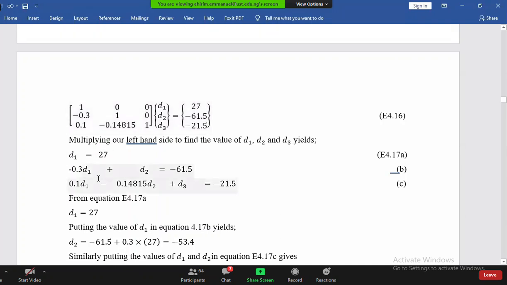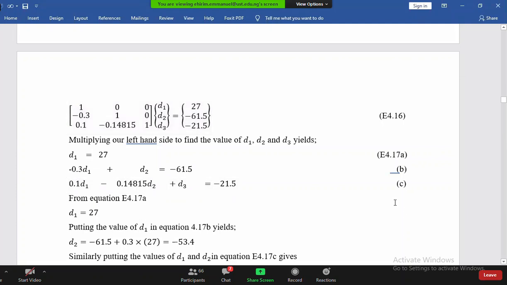Then the next equation is minus 0.3 times D1 plus 1 times D2 plus 0 times D3, which will give us minus 61.5. The third equation is 0.1 times D1 minus 0.14815 times D2 plus 1 times D3 equals minus 21.5.